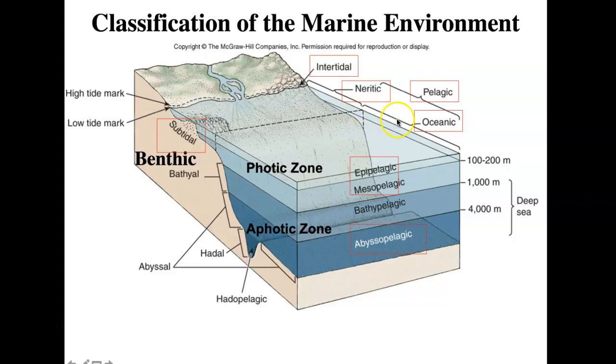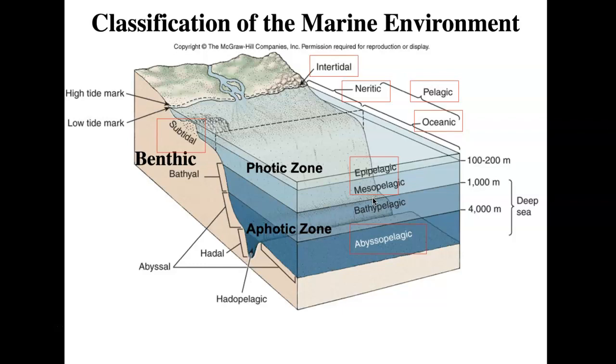Then oceanic is anything that's living in this water column, in this deeper water, past what's called the shelf break. Again, we're going to get into that in a minute. So that will all be oceanic organisms. Those are our pelagic organisms.